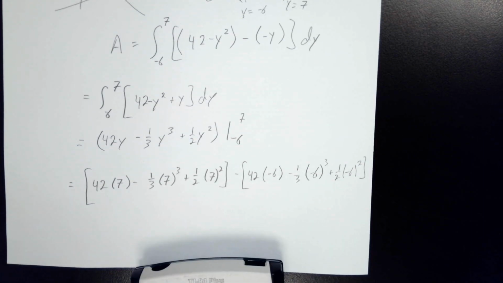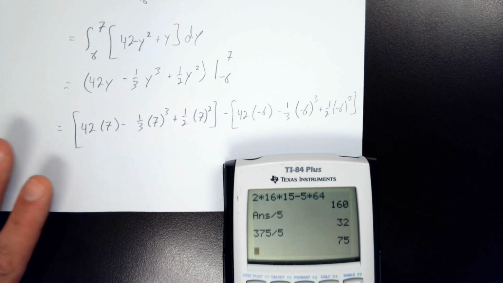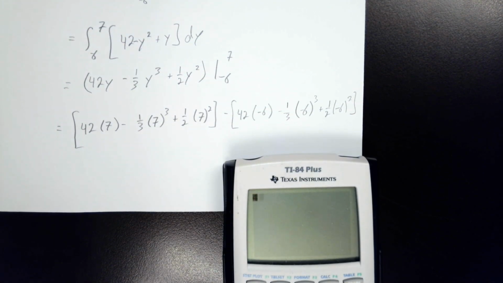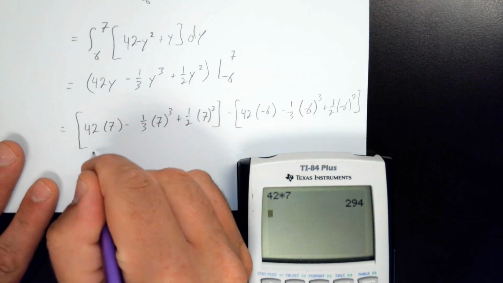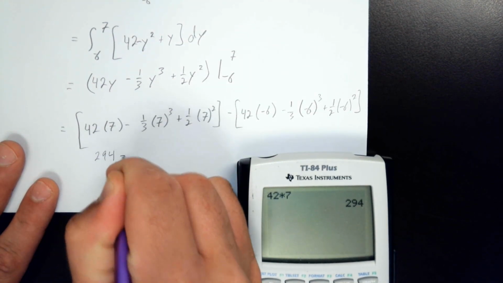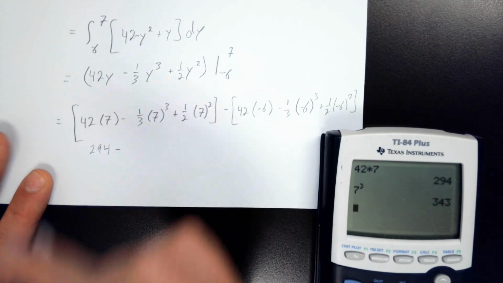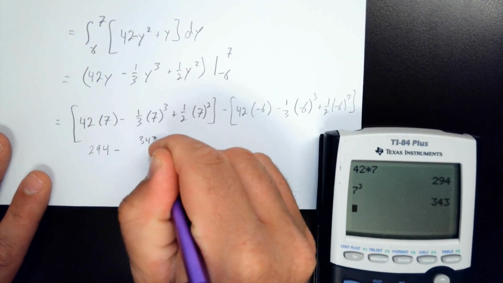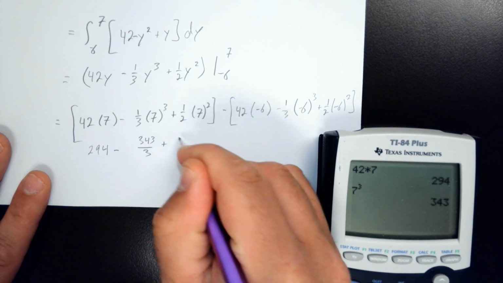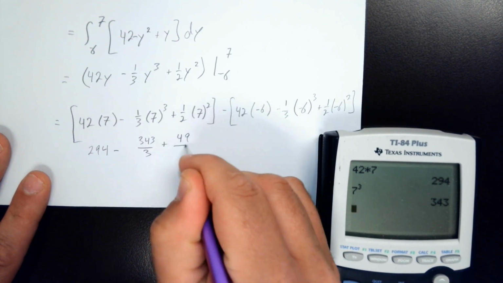I don't know, let's see what we get if we start plugging in some of these values. 42 times 7 is 294. 7 cubed is 343. 49 is 7 squared over 2.